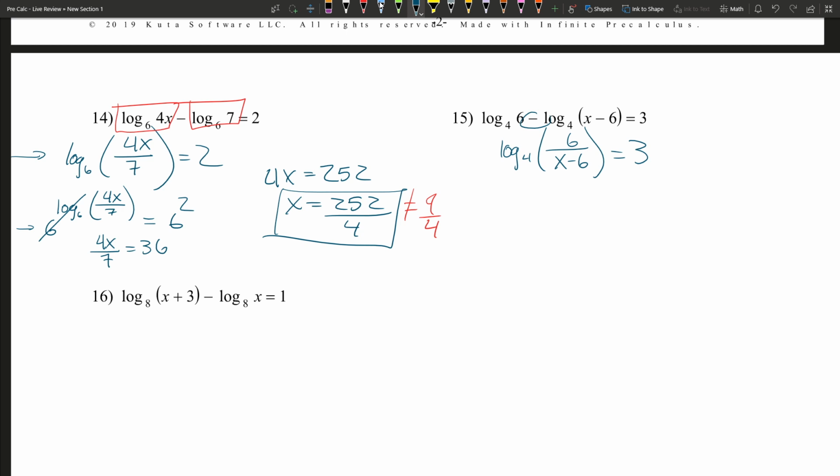All right, and then again, we want to cancel out the log base 4. So we need to take this entire line as an exponent of 4. So when we do that, we get 4 to the power of log base 4 of 6 over x minus 6 is equal to 4 to the third power.